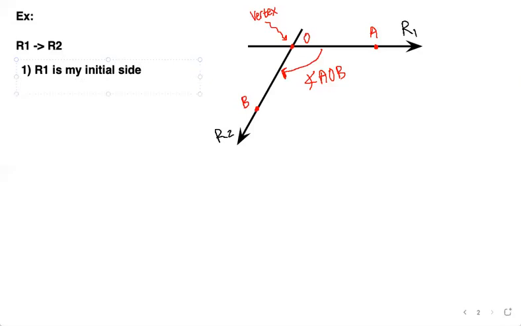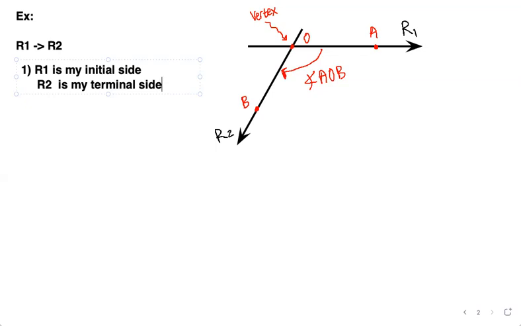And I also have to know what R2 is called from the graph. Terminal, exactly. R2 is my terminal side. So R1 is my initial side and R2 is my terminal side.